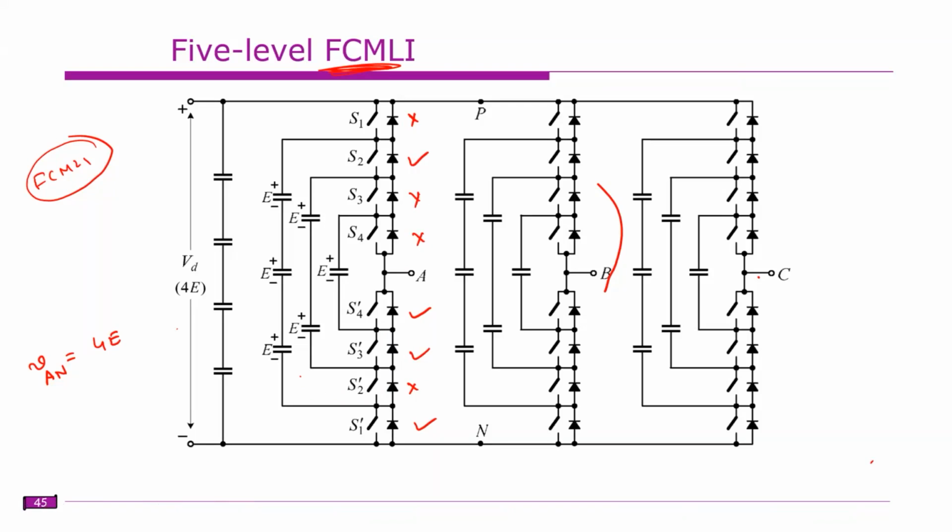Only one upper switch, S2, is on. What is the voltage across A and N? E.